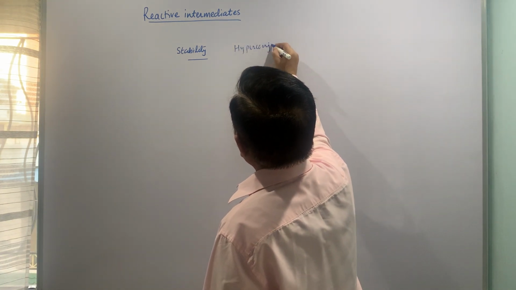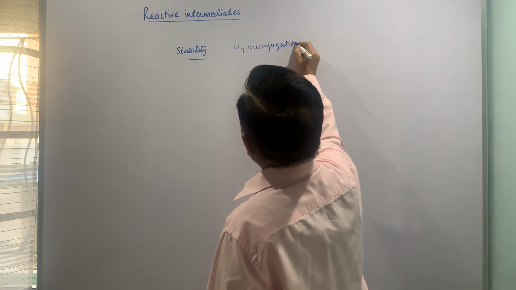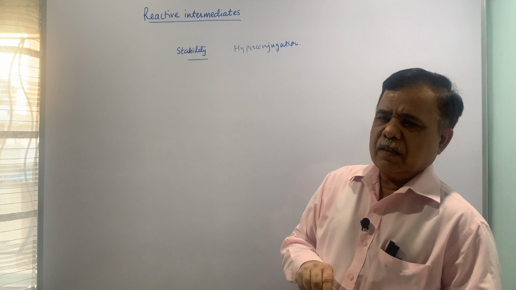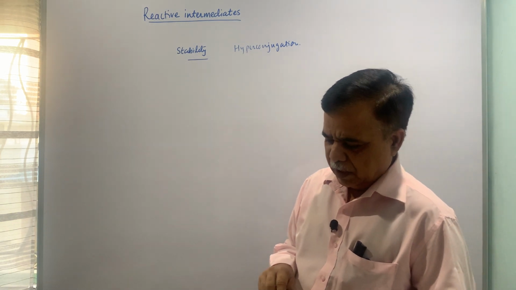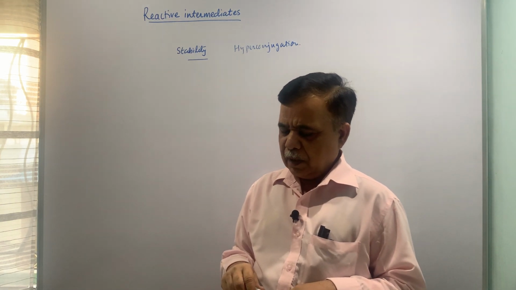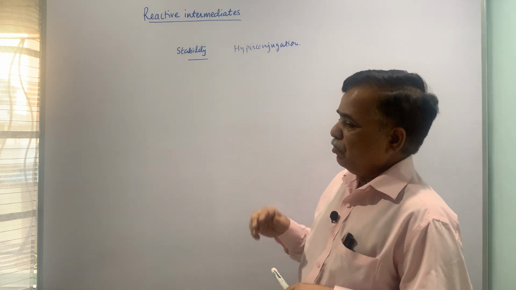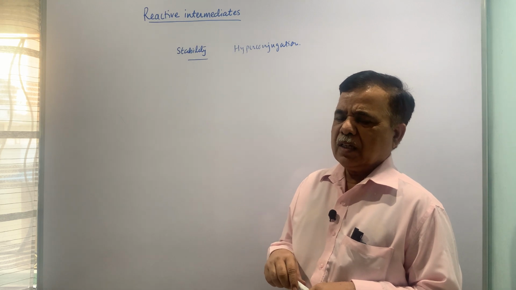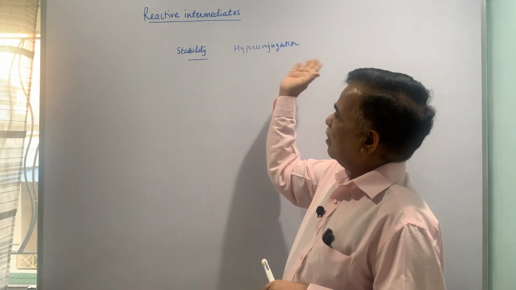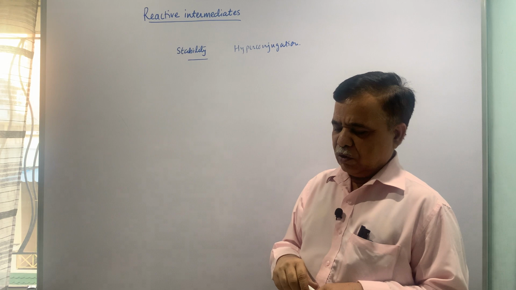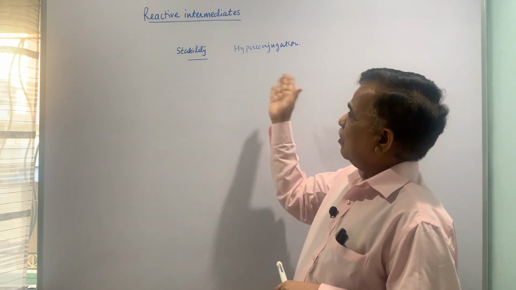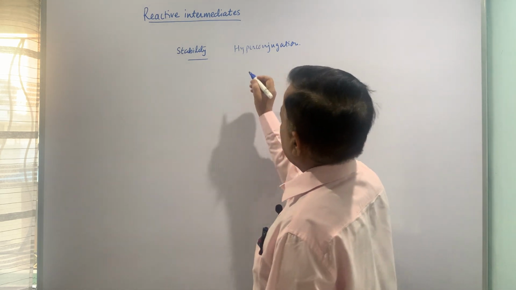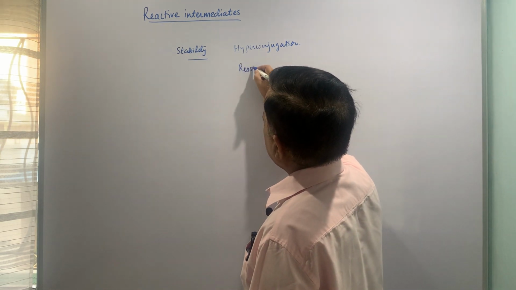Hyperconjugation is a special phenomenon wherein you can enjoy the involvement of CH sigma electrons, and those CH sigma electrons can also stabilize the carbonium ion up to a certain extent. Third important is resonance effect.